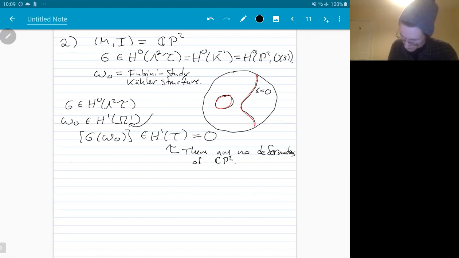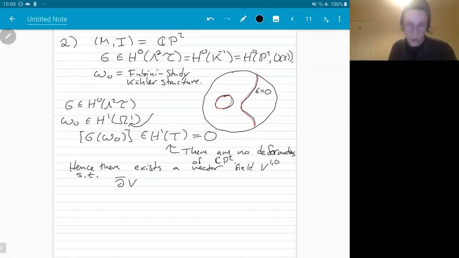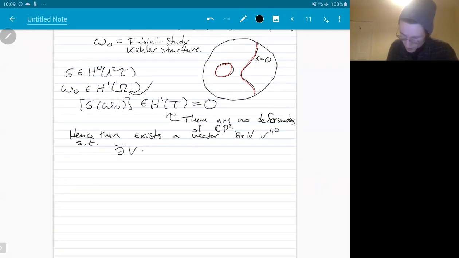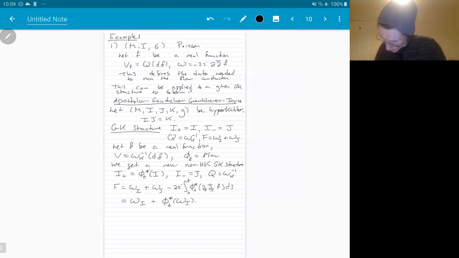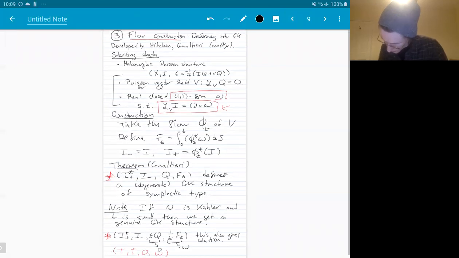And so there exists a vector field V, say a 1-0 vector field, such that d bar V is equal to sigma applied to omega 0. So this is essentially this property here.